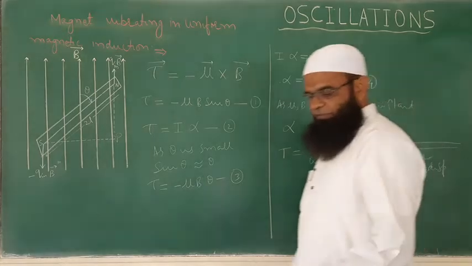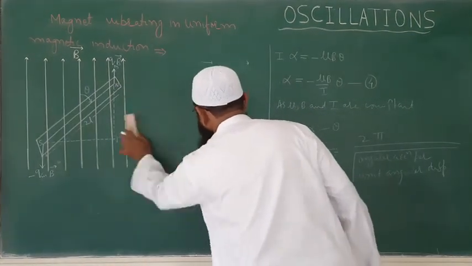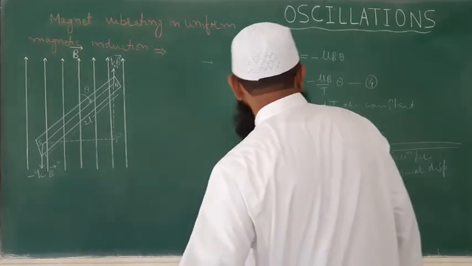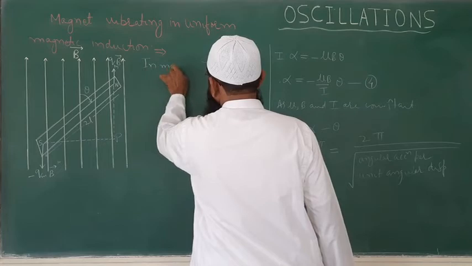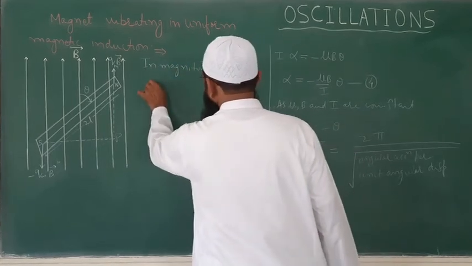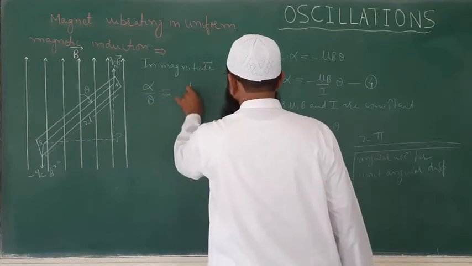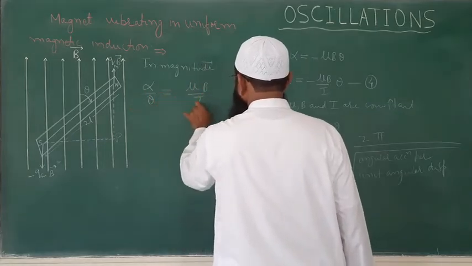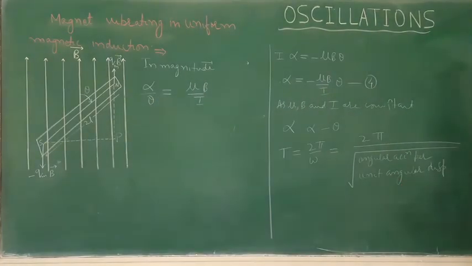From equation 4, considering only magnitude, alpha upon theta is equal to mu B upon I. So alpha upon theta is angular acceleration per unit angular displacement.